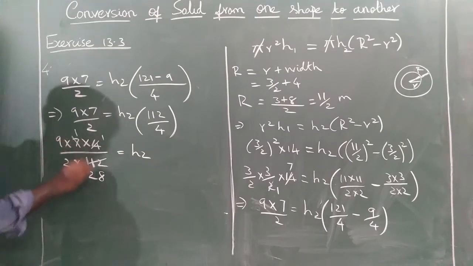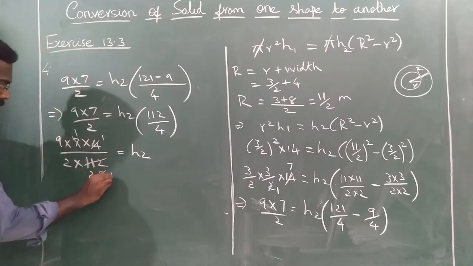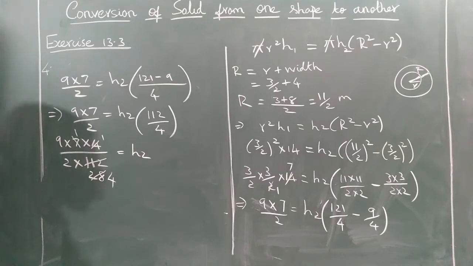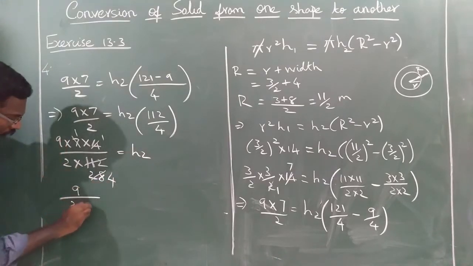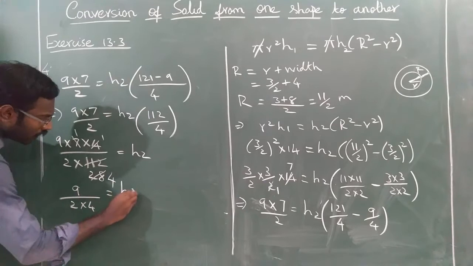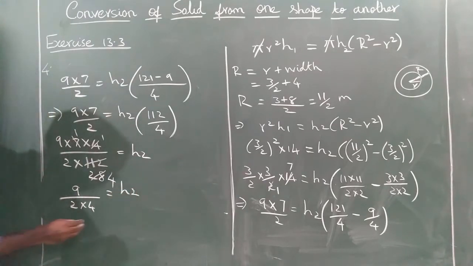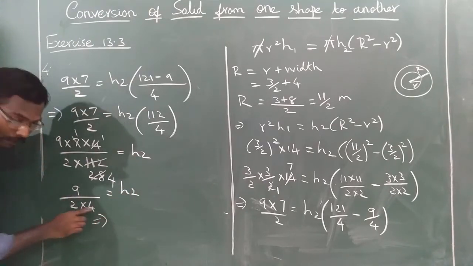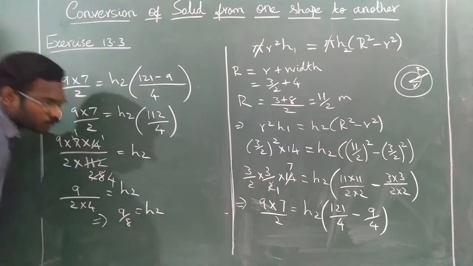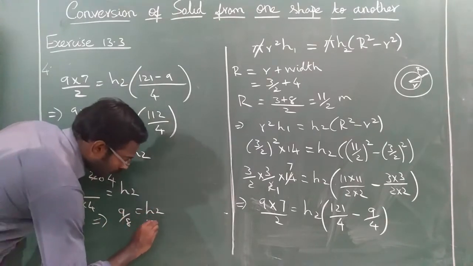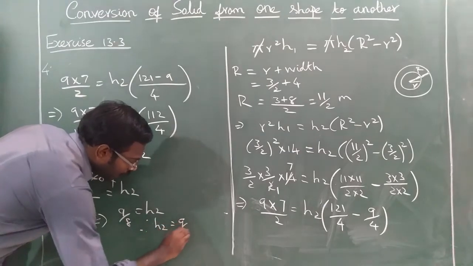Here 1 4 is 4, 1 7 is 7. 4 7s are 28. Then anything else? No. So remaining 9 divided by 2 into 4 is equal to h2. So that gives 9 divided by 2 4s are 8, 9 by 8 equal to h2. Therefore h2 is equal to 9 by 8.